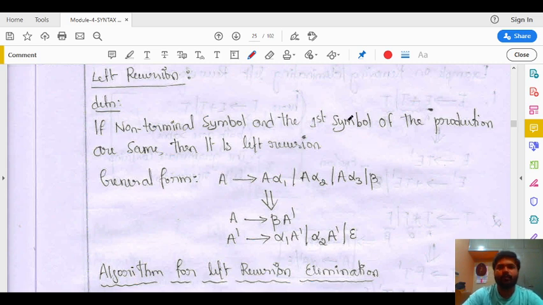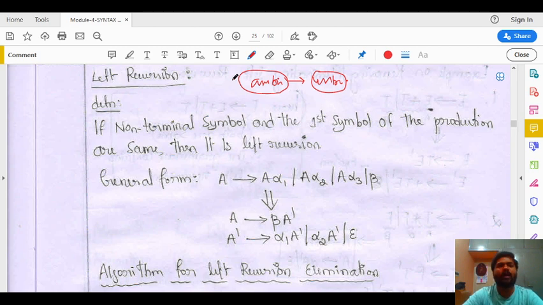A small explanation here: a grammar will be either an ambiguous grammar or an unambiguous grammar, right? For an ambiguous grammar, we should make it an unambiguous grammar.